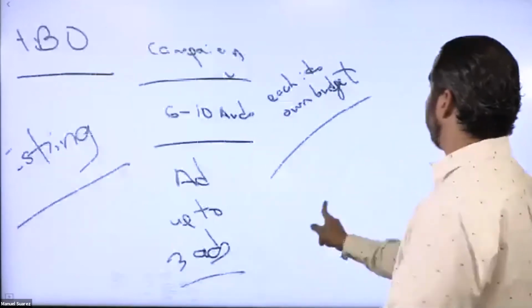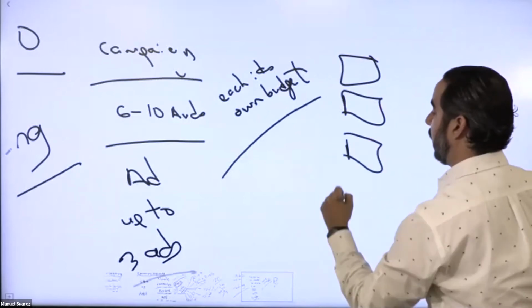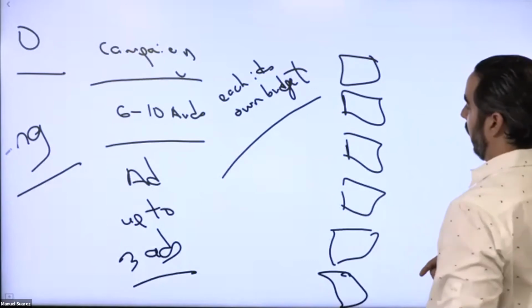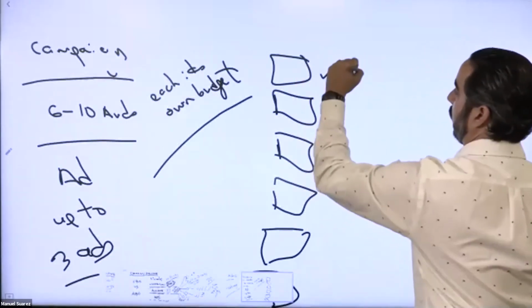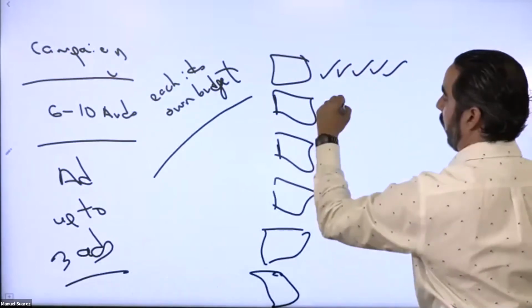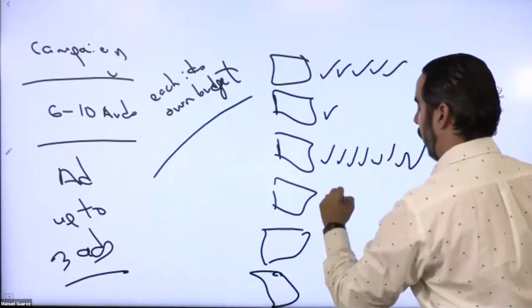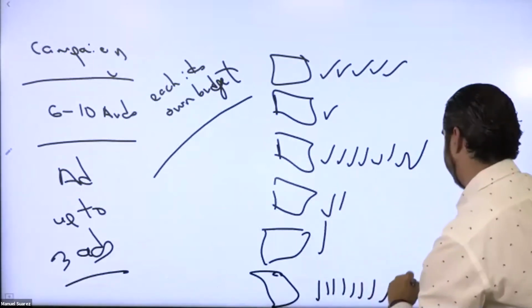So if you have 6 audiences here, 1, 2, 3, 4, 5, 6, and this one gave me 5 leads. 1 lead. 8 leads. 2, 1. 12 leads.